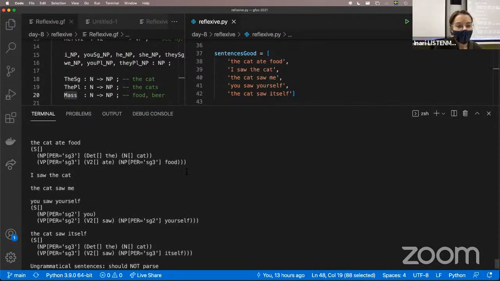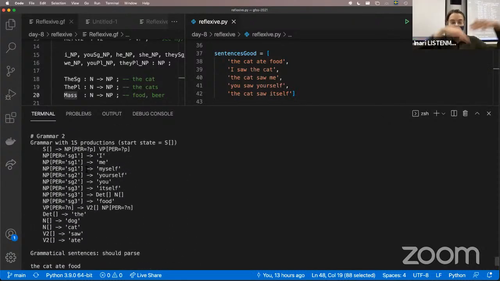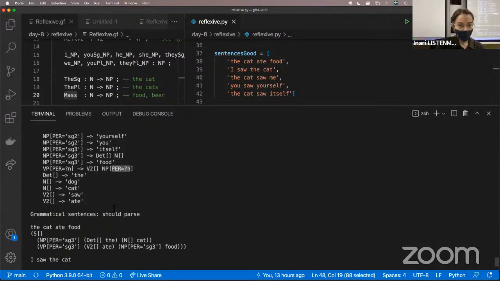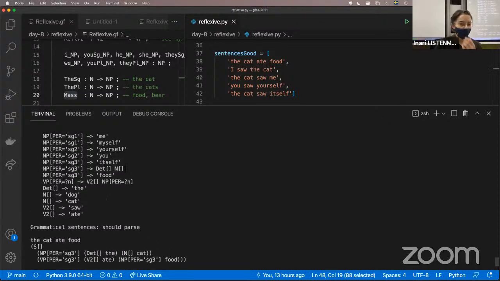So this is the second iteration, not quite as naive as the first one, because I did add the person requirement, but that had the added effect that suddenly it can't parse "I saw the cat" and "the cat saw me" anymore.